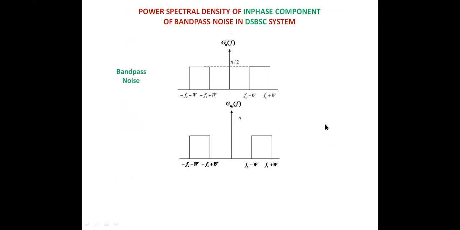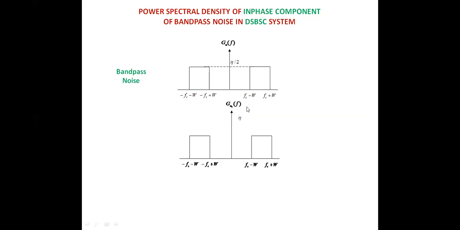And one more important noise power spectral density, that is the power spectral density of the in-phase component of the noise. We know the bandpass noise has an in-phase component and a quadrature component, Nc(t) and Ns(t), and the respective power spectral densities are simply known as G_Nc(f) and G_Ns(f).